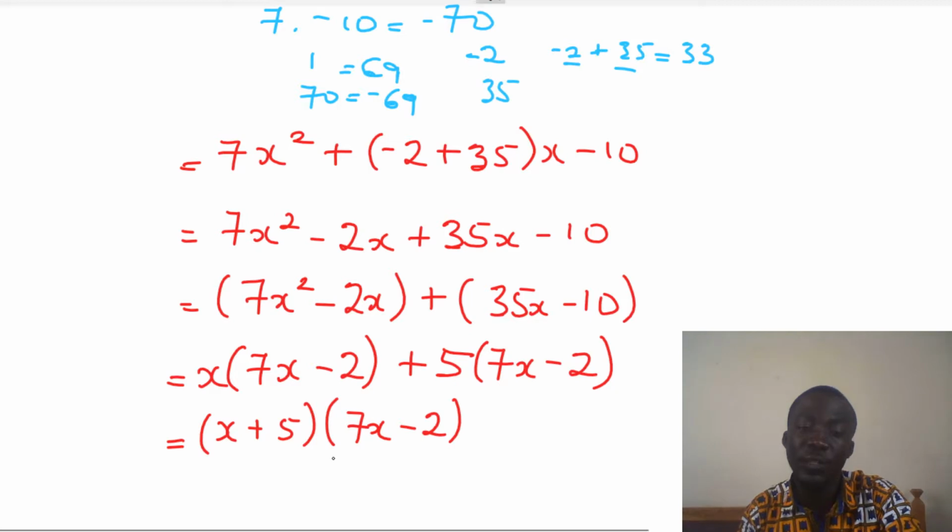Then they will multiply each other, so this will be our final result. But in the options that were provided, we are to compare these two factors to what we have in the options, then select our answer. And that one will be this 7x minus 2.